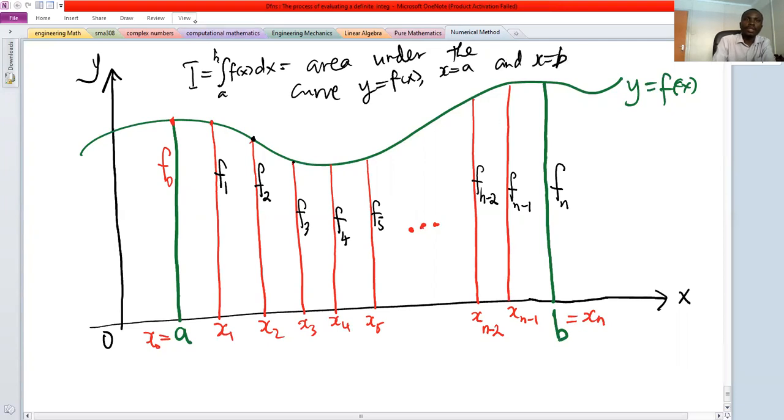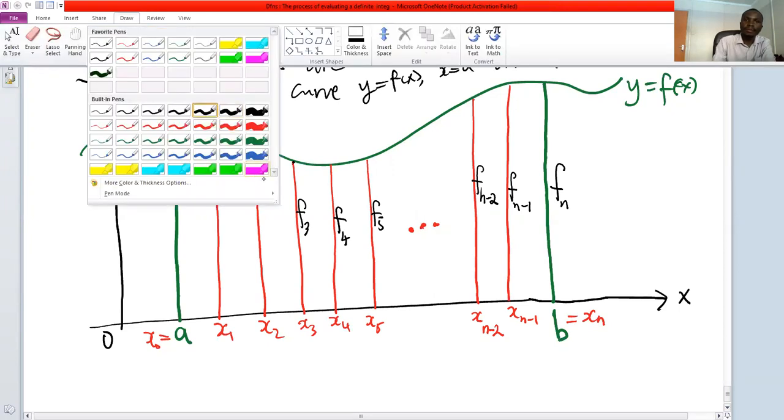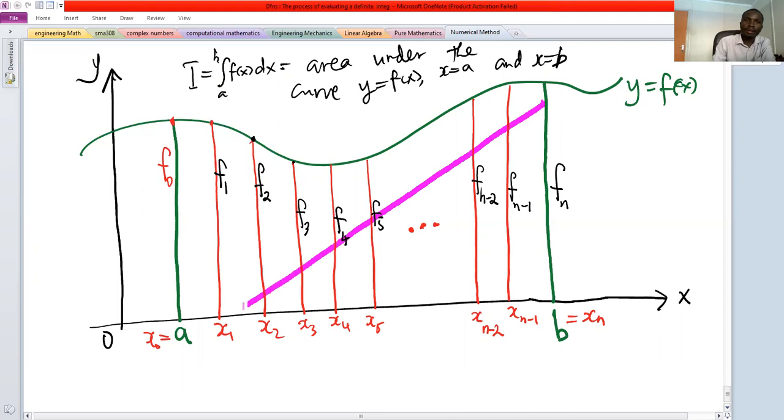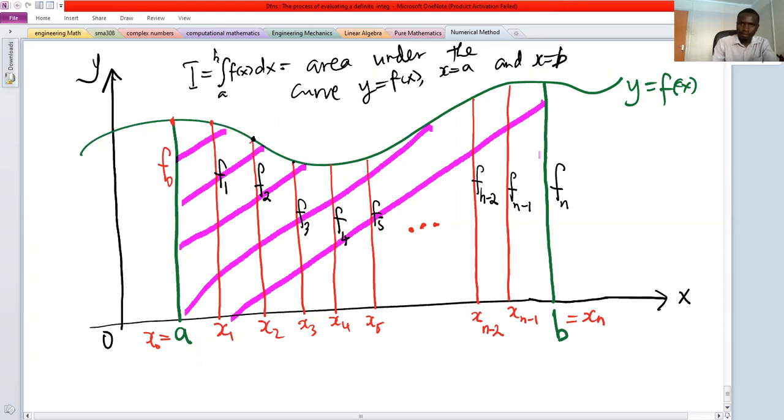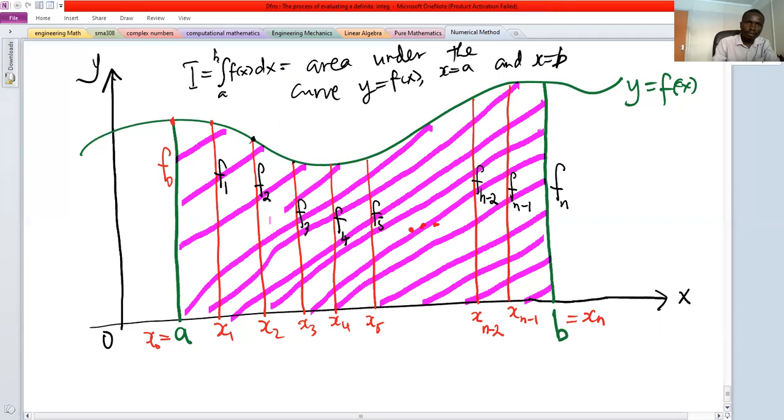So simply that means we are interested in finding the area, all this shaded area. What I'm shading is equivalent to the integral that we are interested in evaluating.